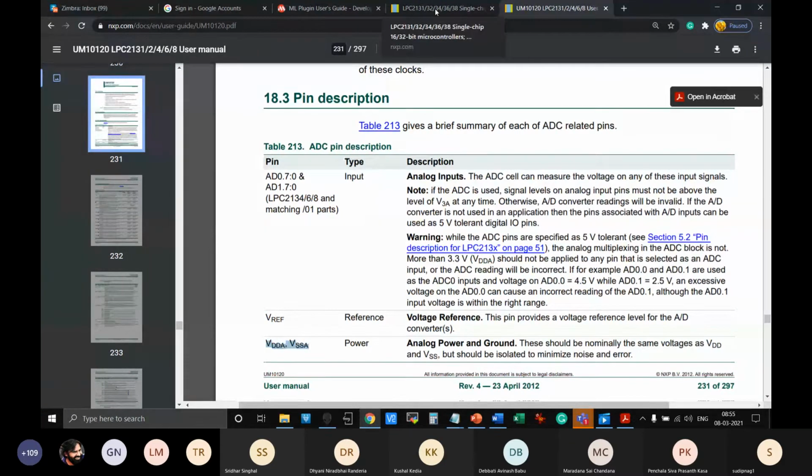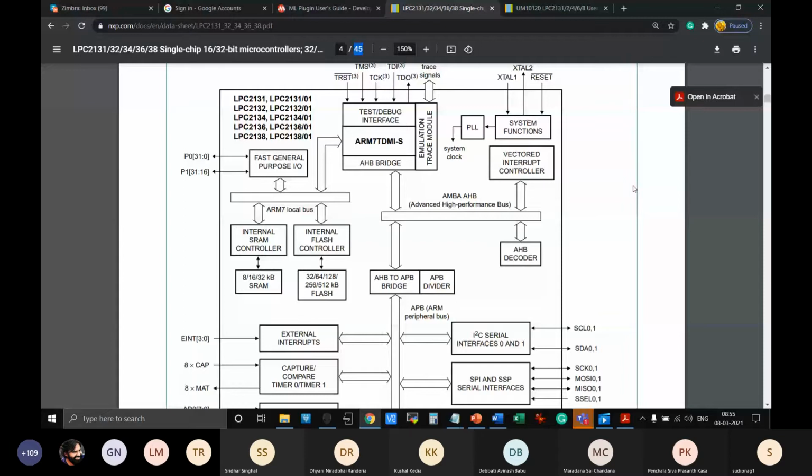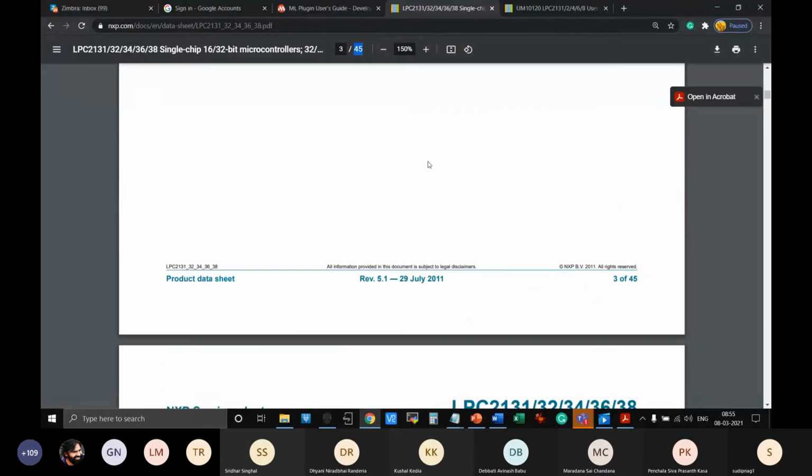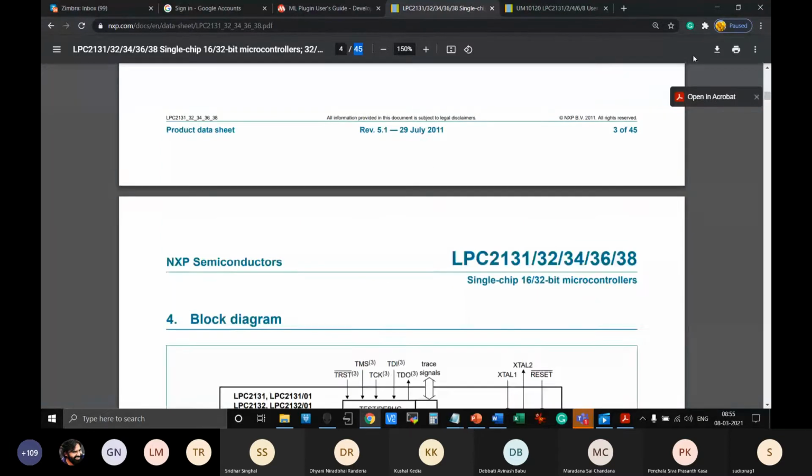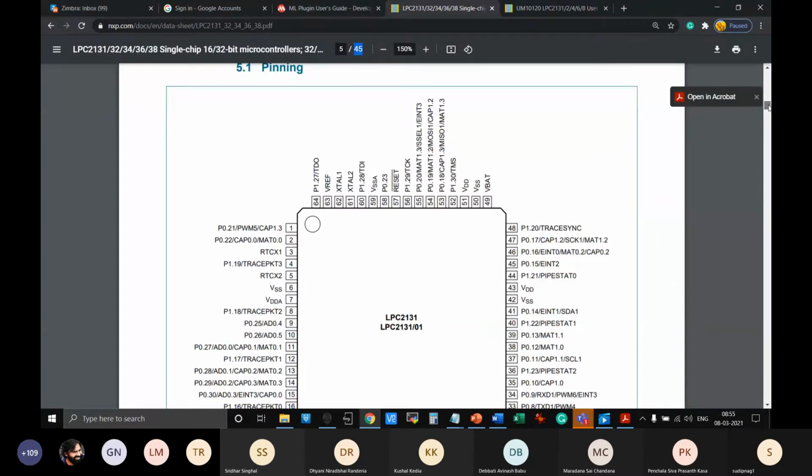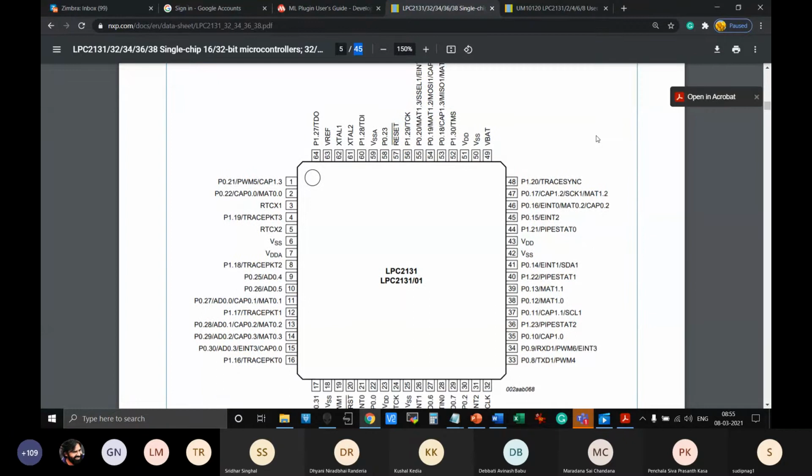You can see this from the pin configuration in the data sheet. If you look at pin number 51 and 50, this is simple VDD VSS. These are the digital VDD and digital VSS.